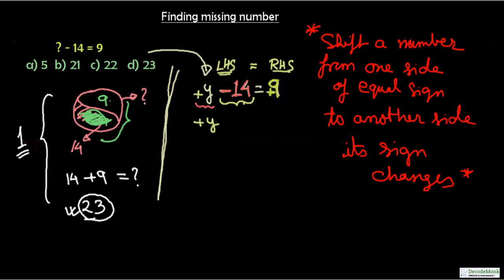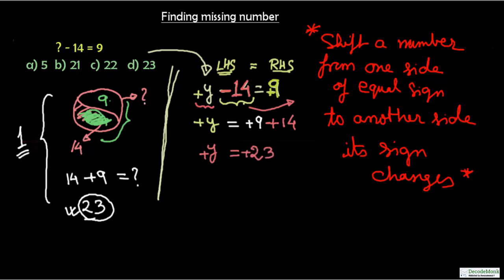Now plus y equal to plus 9. This minus 14 will jump to the other side, and this minus sign before 14 will become what? Yes, very good, it should become plus 14. So this y will be equal to plus 9 plus 14, which is equal to plus 23.